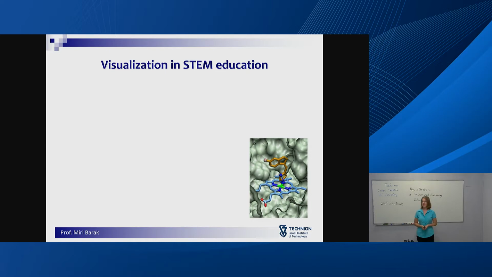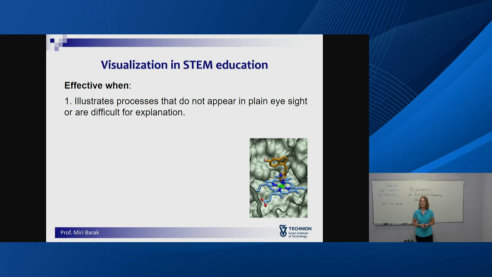If we want to summarize the idea of visualization in STEM education, STEM is an acronym for science, technology, engineering, and mathematics. We know that it's effective when it illustrates processes that do not appear in plain eyesight and are difficult for explanation. For example, if I would like to explain or to show you what is a pen, I would probably just show you this is a pen and show you more examples of different types of pens because you can see it in your eye.